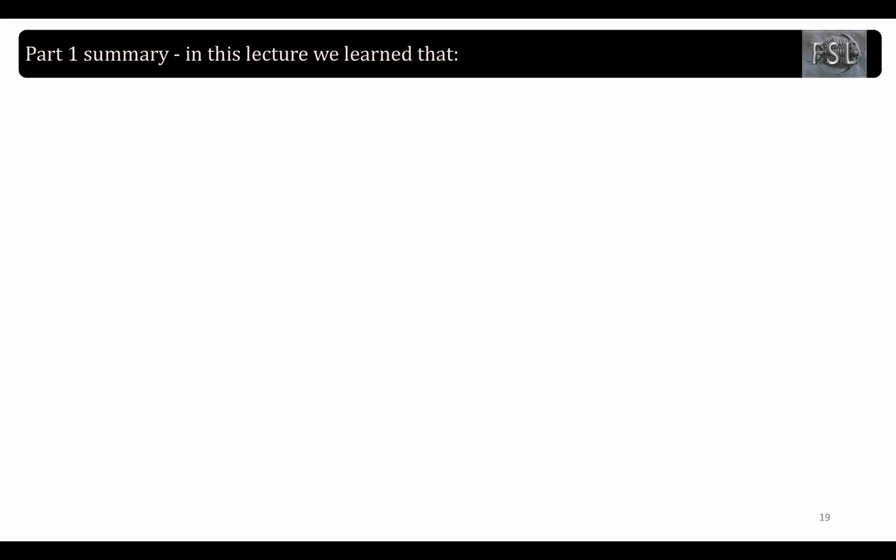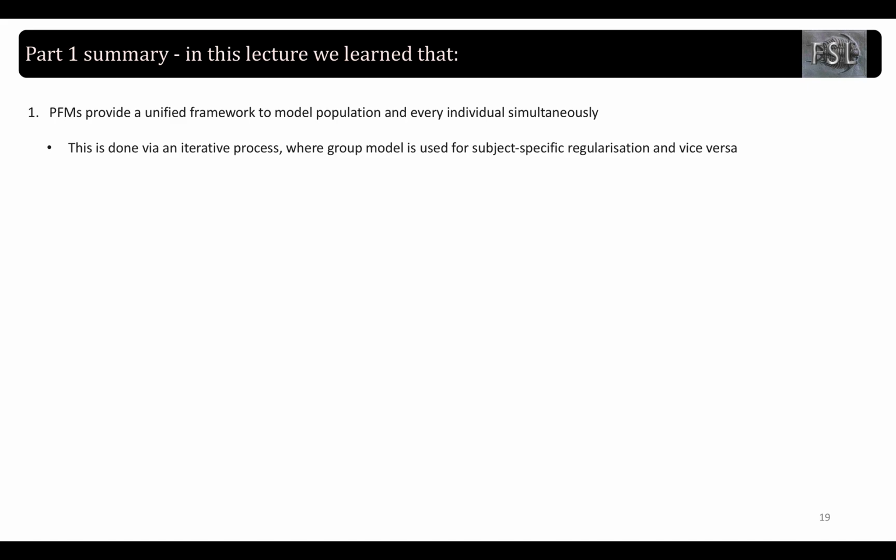Okay, now let's summarize what we learned in part 1 of the PFM lectures. Firstly, the PFMs provide a unified framework that can model the brain networks for the population and individuals simultaneously and hierarchically.